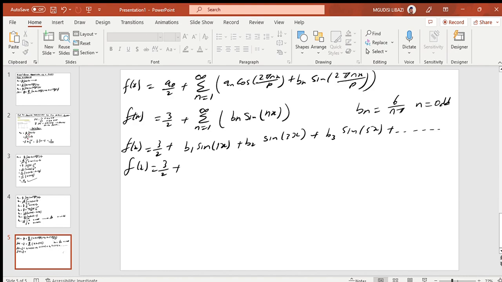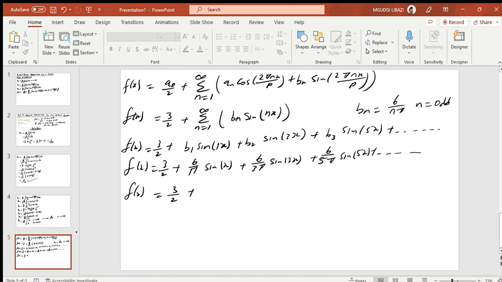When we substitute 1, we get 6 over pi and sine of x, plus the second one, substituting 3, we get 6 over 3 pi and sine of 3x. The third one, we substitute 5, we get 6 over 5 pi and sine of 5x, plus etc.